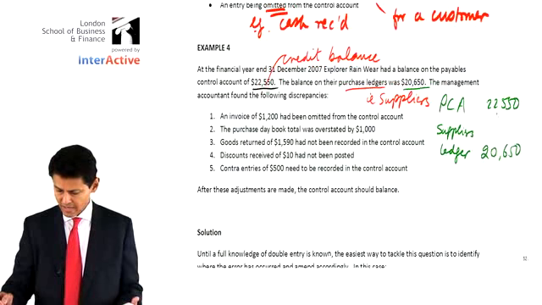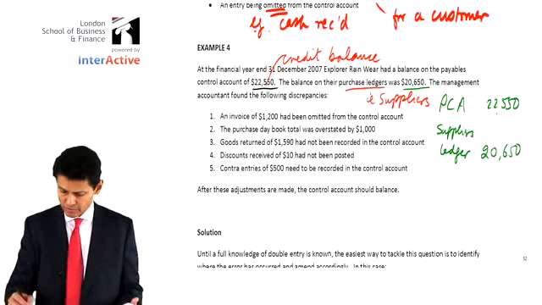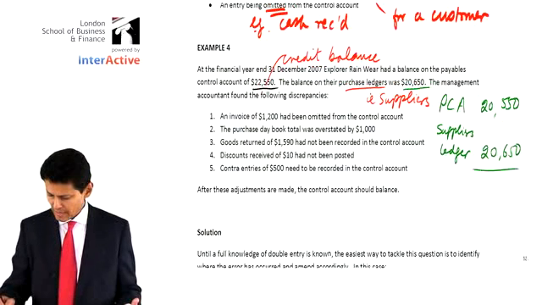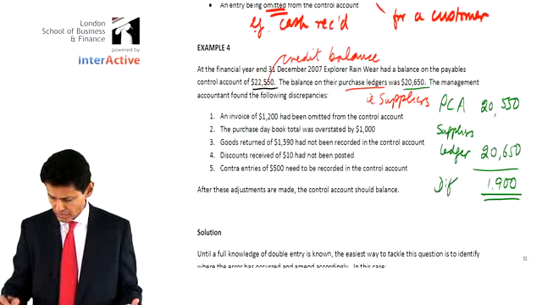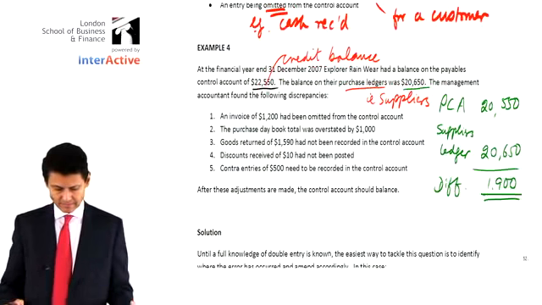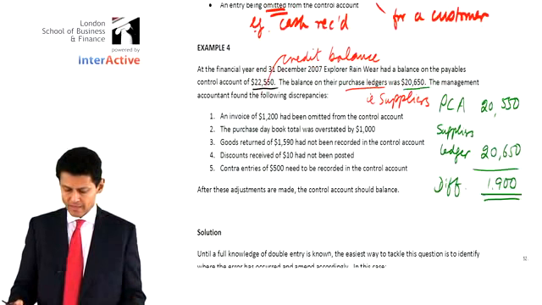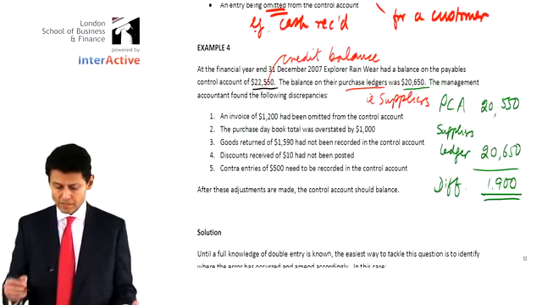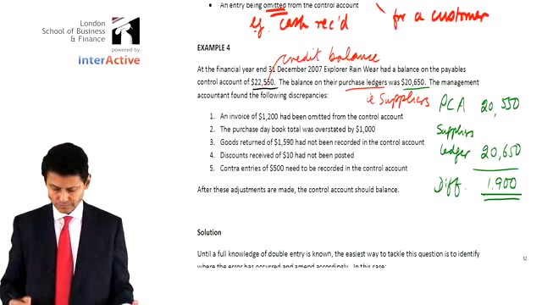As you can see, if you compare those two, that difference is something like 1,900. And that difference is what you and I are trying to reconcile. So here we are. We've got 5 points. It says, after these adjustments are made, the control account should balance. Let me show you how this works.